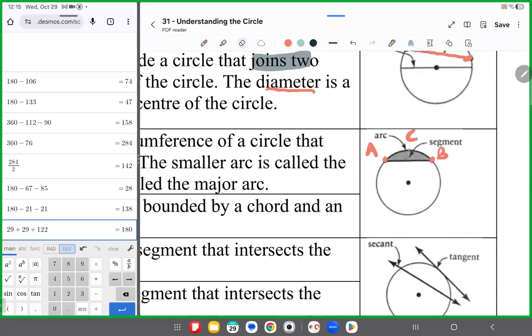We can see that here, this is the arc that contains the point C. This would be the minor arc. If we had a point on the opposite side, say point D, and we were interested in that particular arc, remember, you should be thinking of how many radiuses are on the circle.